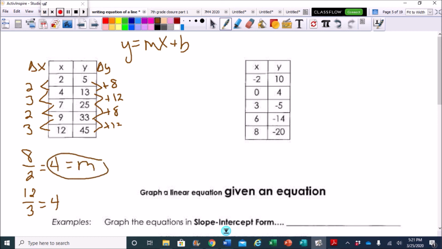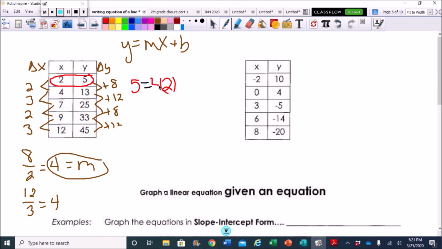Now, I don't have a 0 in here, so I've got to use the easiest ordered pair, which is going to be (2, 5), and plug it in my equation and solve for b. So I have 5 as my y equals, then I'm going to use my 2 as my x. I'm going to put it in parentheses so I remember to multiply.